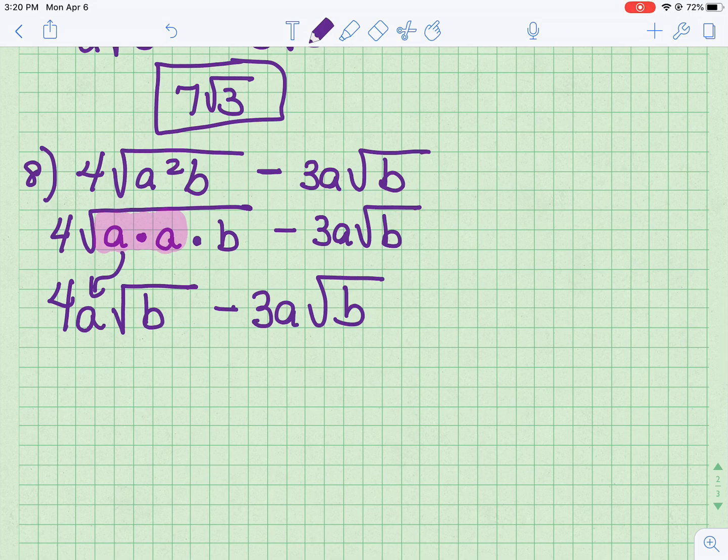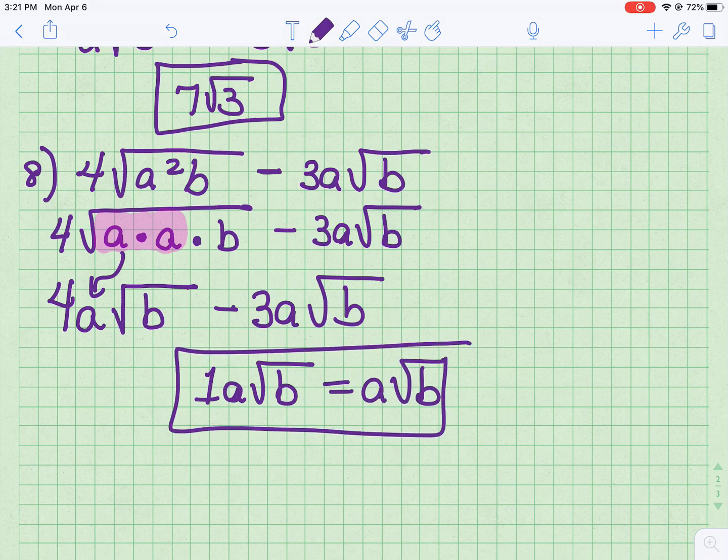If we're dealing with variables, the letter on the outside has to match the letter on the outside of the second one, and the letters on the inside have to match. So we have 4a root b minus 3a root b, and so that's going to be 1a root b. You can leave it like that, or you could just put a root b. Either way, that's how you're going to deal with the variables in the problem, okay?